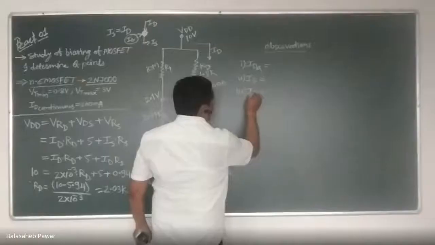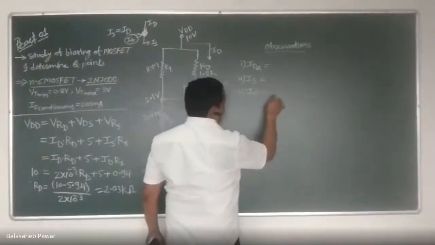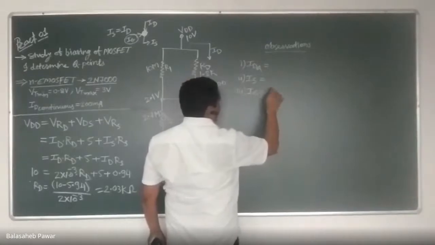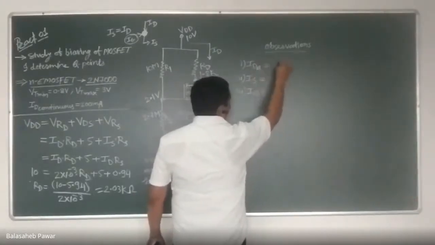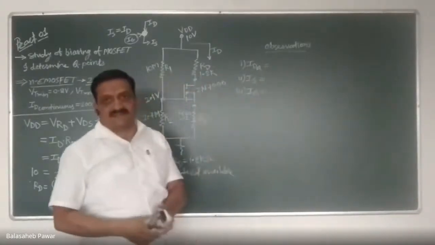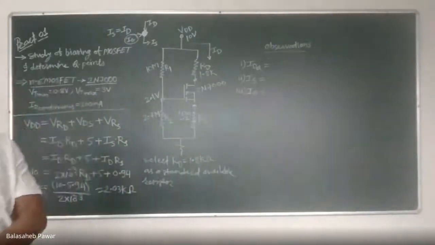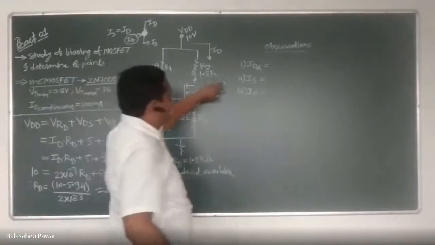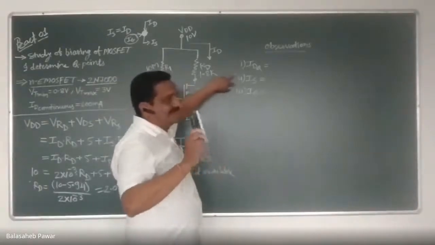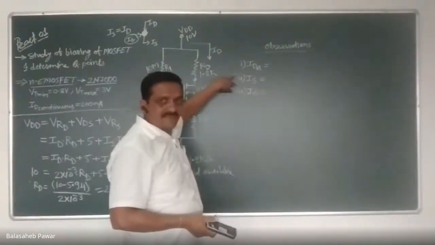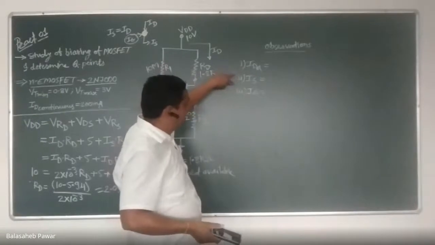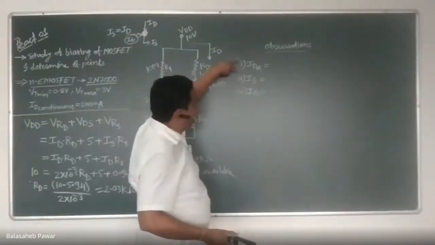Yes, sir. Okay. Practically, how much ID you are expecting? Practically, that ID will be closer to 2 milliamperes. Right. IS, second one, just think on it, and later on we will go on to perform the practical. This IS should be again approximately equal to ID.